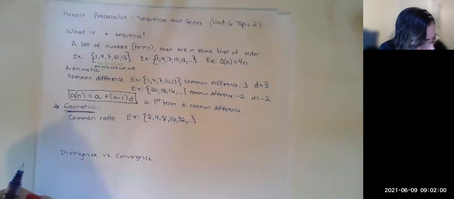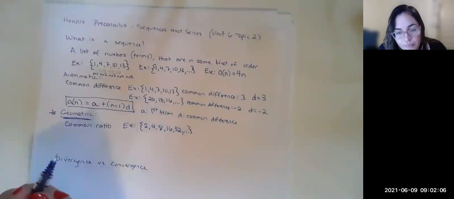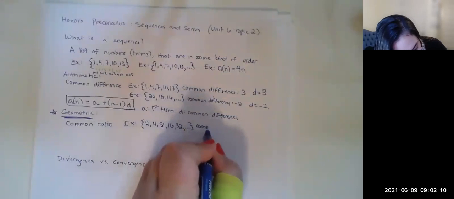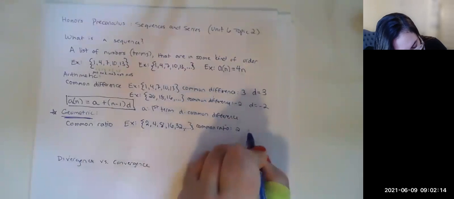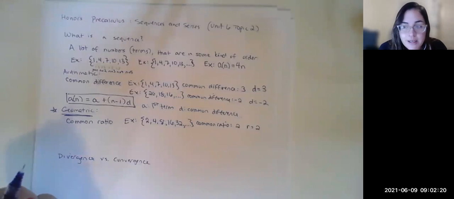Take a moment and think about what the common ratio is. What are you multiplying each time to get the next number? Okay, so the common ratio is 2. So we're going to say r equals 2. The letter we use for common ratio is r, which makes sense, r for ratio.